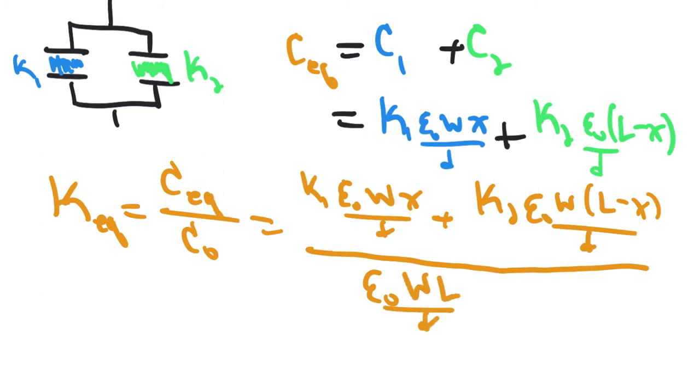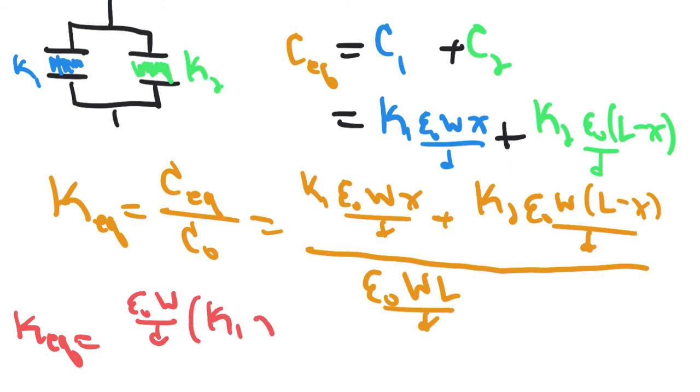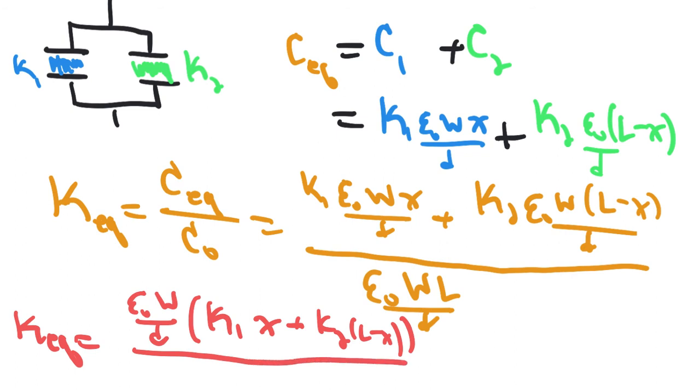So let's write this out, that kappa equivalent is, and factor some things out. We can factor out epsilon naught, W, and 1 over d out of the top bit, and we're left with kappa 1 x plus kappa 2 times L minus x. And on the bottom, of course, we have epsilon naught W L over d. And it should be pretty easy to see these guys cancel out.